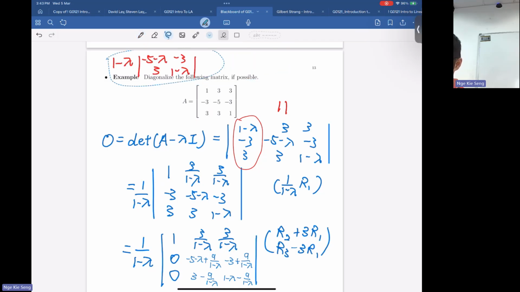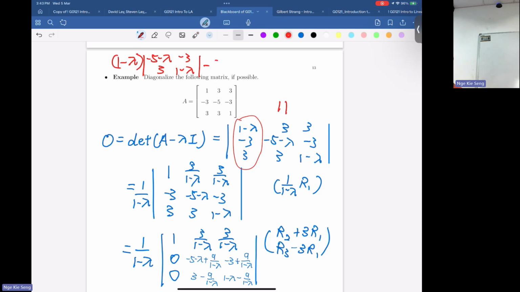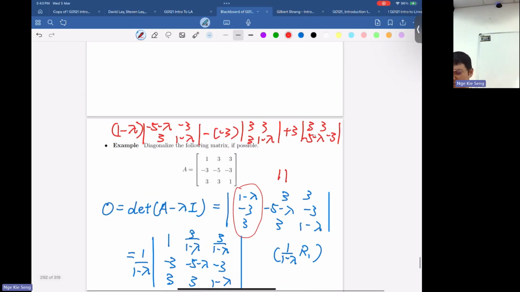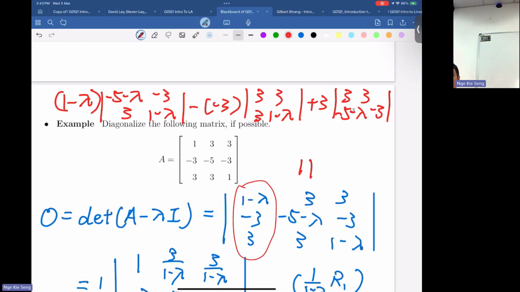And then if you expand along the first column, the sign for the first term is plus, the second term should be minus: 3 times the minor 3, 3, 3, 1 minus lambda, and then plus 3 times 3, 3, minus 5. Okay, I think you use this. This one is easier to copy. Not many lambdas coming up.